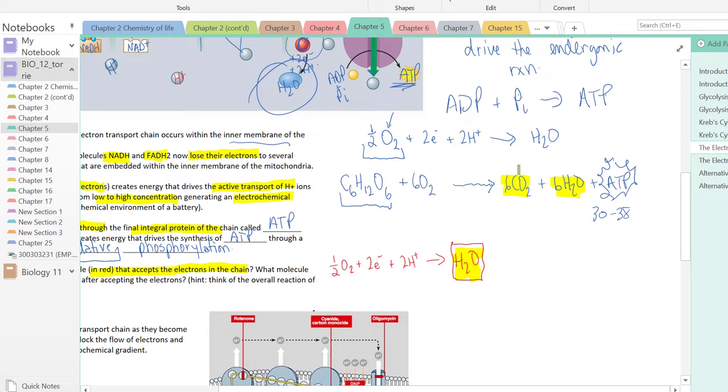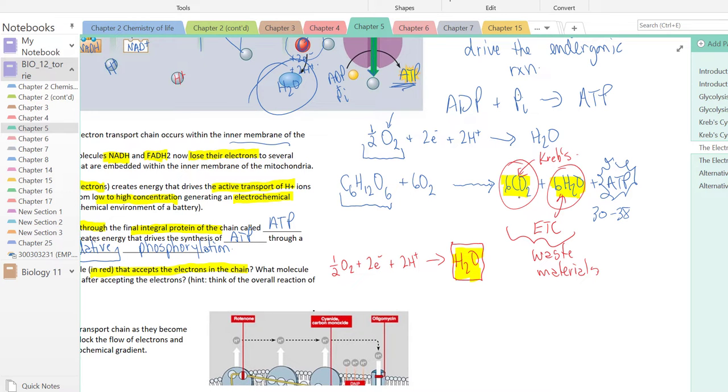The CO2, if you remember, was generated during the Krebs cycle, and the water generated during electron transport. These really are waste materials that are removed. So as carbon dioxide and water build up inside of cells, those will move via osmosis or diffusion out of cells into the blood, and in the case of CO2 and water, they'll be brought back to our lungs and we'll breathe them out.